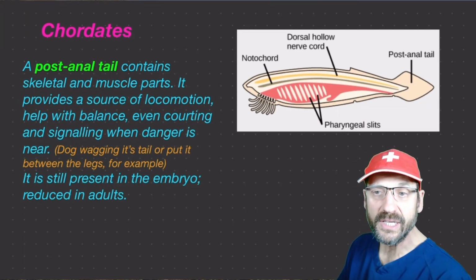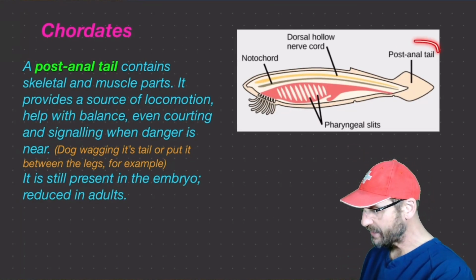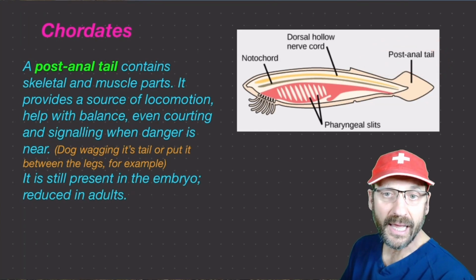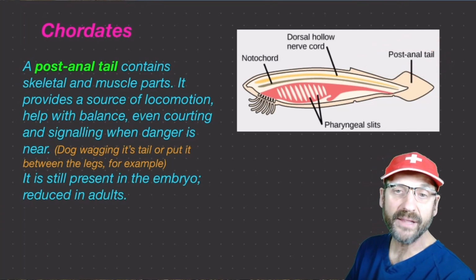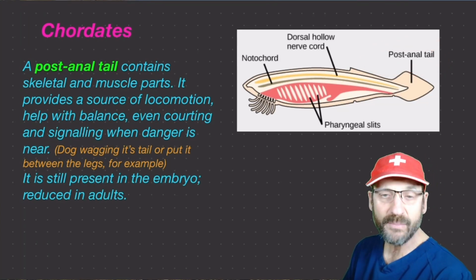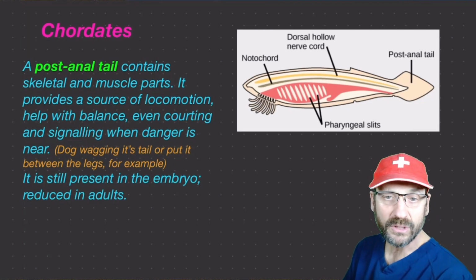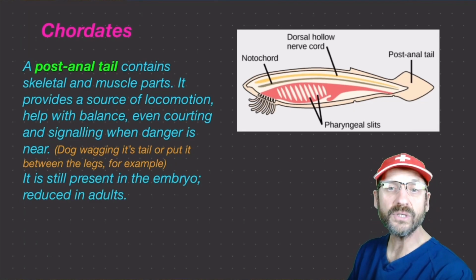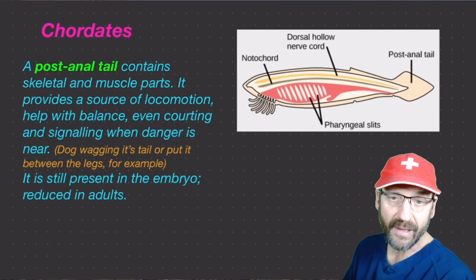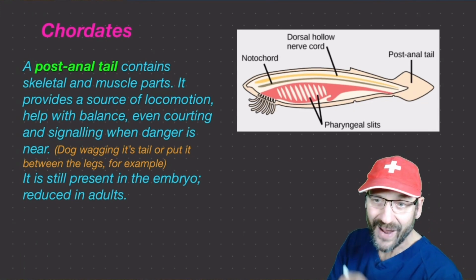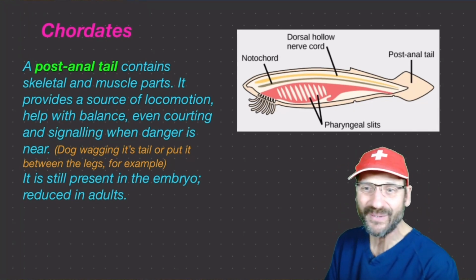And then the last thing we're looking at is the post-anal tail, and that's here in the back. That contains skeletal and muscle parts, and it provides a source of locomotion and helps with balance and even signaling when danger is near. And I have to write that down because I don't want to forget.